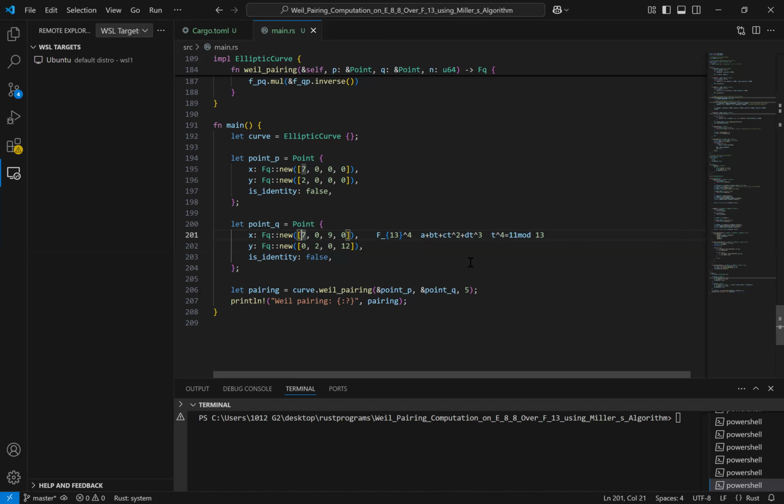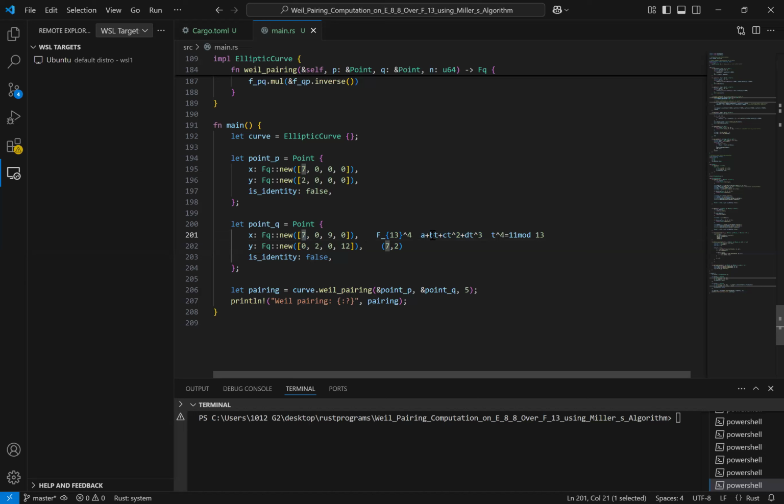Because this point was 7, 2. Let me just write it here. This point was 7, 2. But I expect the x coordinate to look like this. So A is 7, that's the x value.